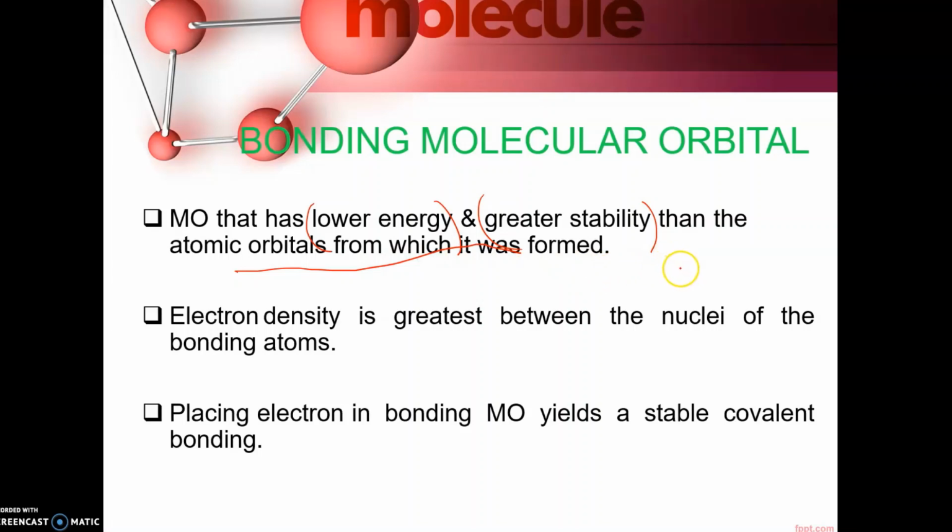Let's say you have an s orbital, and you overlap it with another s orbital.